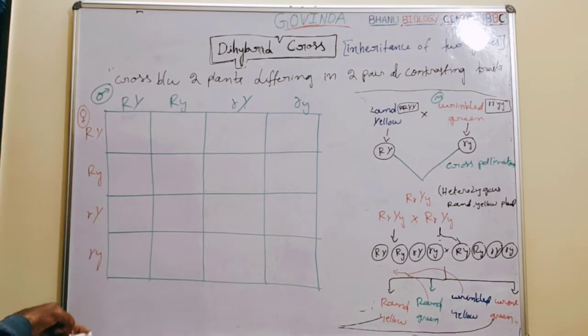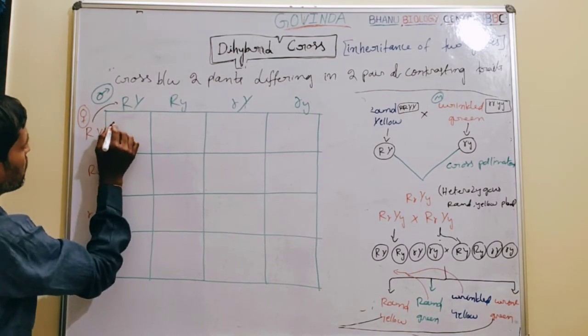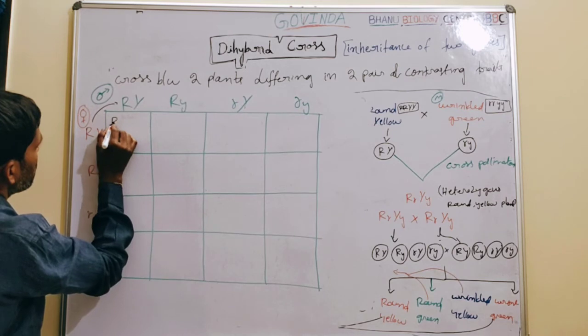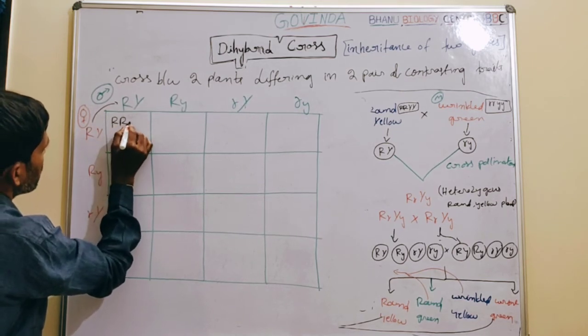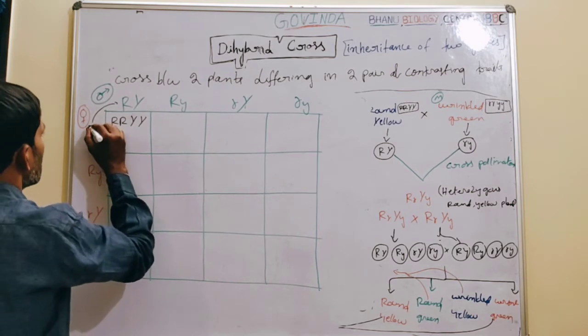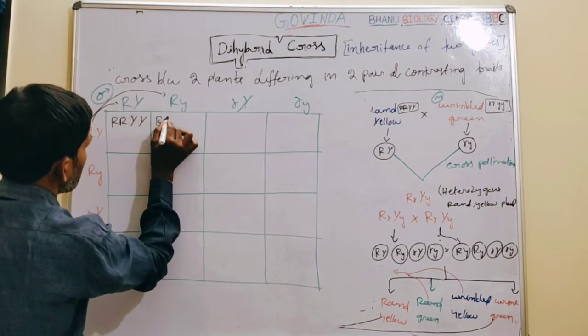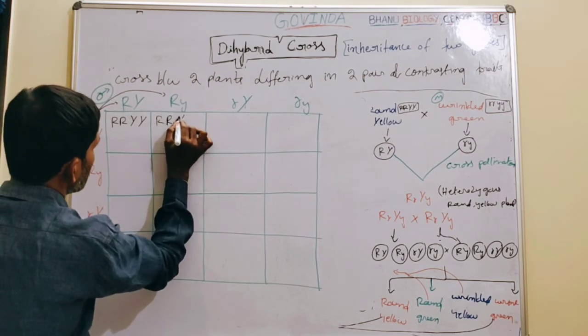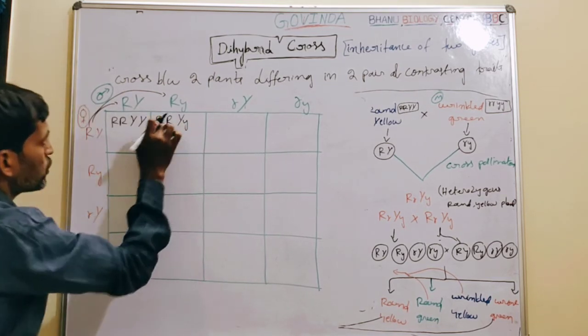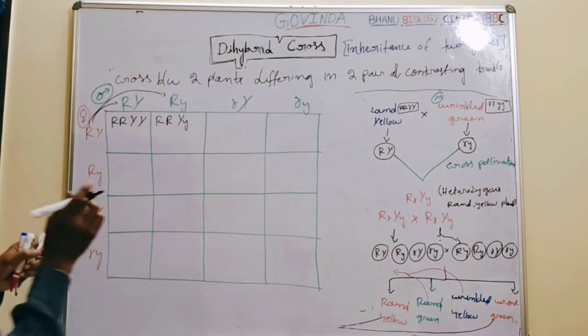So let us write. Fuse this gamete with this one. The genotype of the plant would be capital R, capital R, capital Y, capital Y. Next, do the same with this gamete. The capital R, capital R, capital Y, small y. The dominant alphabet we always write first, then the recessive next.